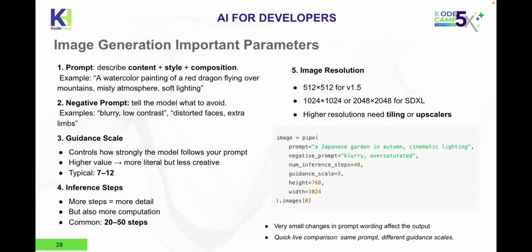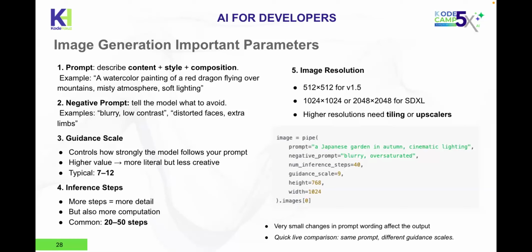Then we have image resolution. So image resolution would be if you are generating an image, right? What resolution do I want? Larger resolution will also take longer because large resolution is more pixels, right? So the model is going to take longer. Smaller resolution will do it faster.